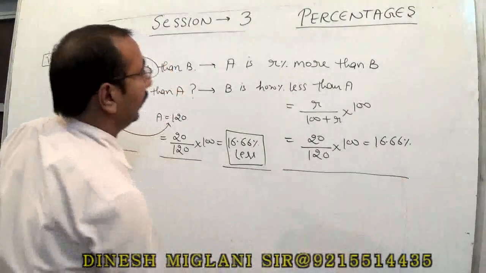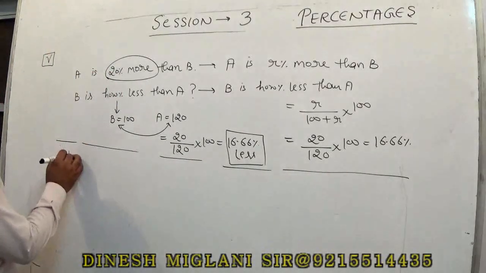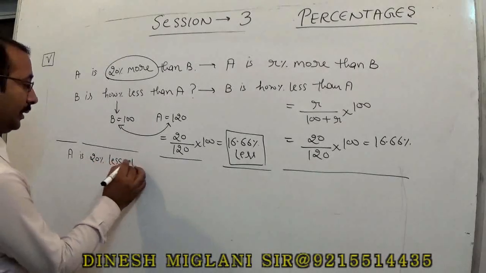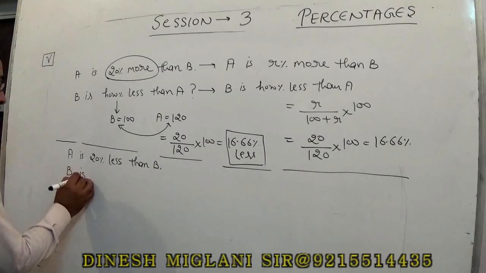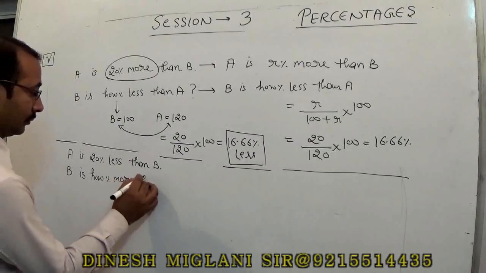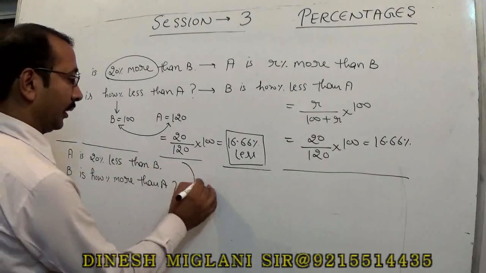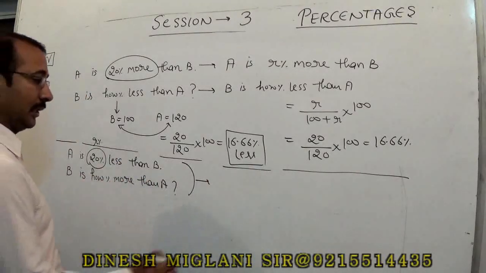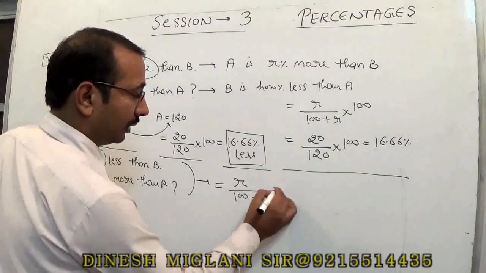Similarly, if instead of increase, decrease is given, A is 20% less than B, we have to find out B is how much percent more than A. For that, if it is R percent less than B, you can directly apply R upon 100 minus R into 100.